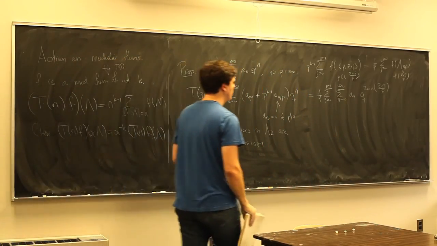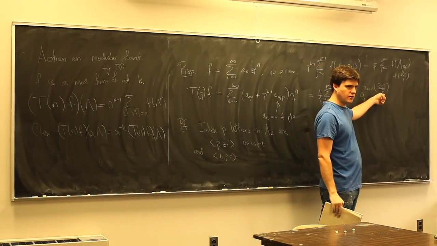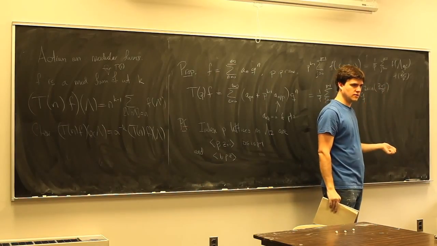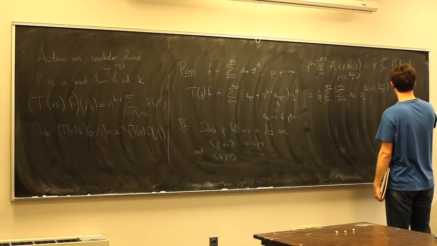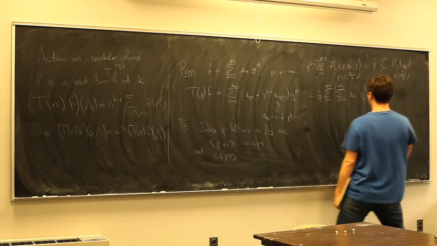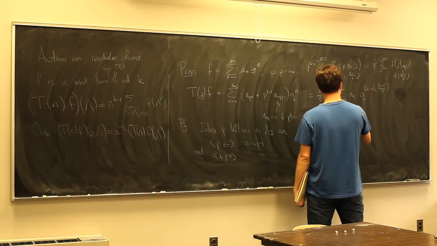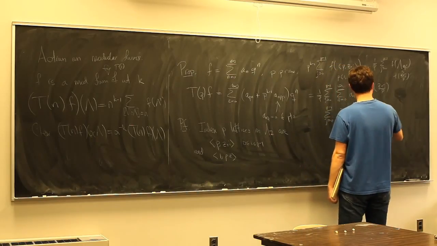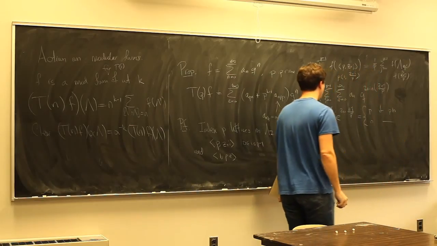All right, so if n is not divisible by p, then I actually have a p in the denominator here. And when I do this sum over j, I'm summing over all the p roots of unity, and I get 0. So the terms with n not divisible by p die. The sum from j equals 0 to p minus 1 of e to the 2 pi i n j over p is p if p divides n, and 0 otherwise.